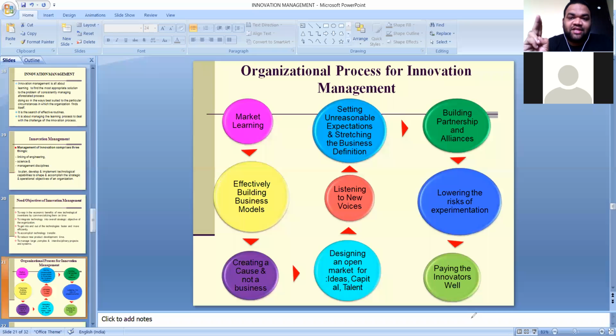Second, who are the competitors. Next, how competitors are updating themselves, what technology they are adopting, and what they are giving to their customers. Based on that, we find where the demand is more. All these come under learning in the market.